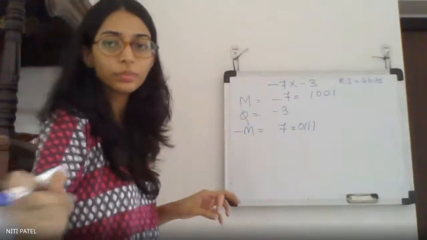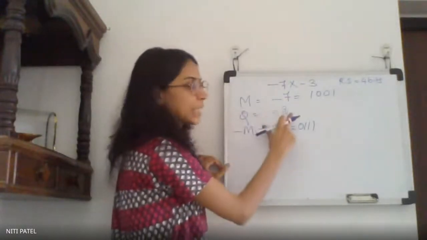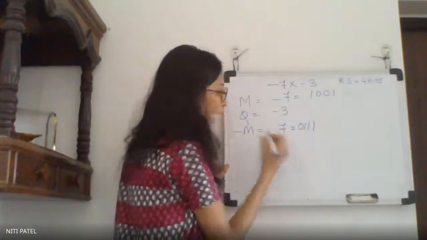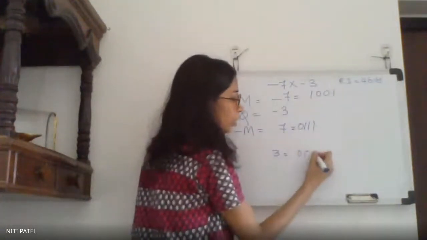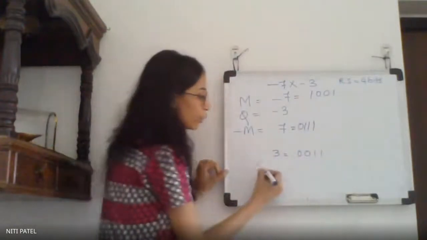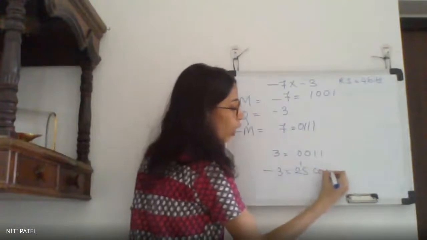Yes or no? Yes, ma'am. Now we have to find the value of q in binary, which is -3. So we'll first write the binary of 3. What is the binary of 3 in 4 bits? 0, 0, 1, 1. Now what I have to find? -3. What is that -3? It is 2's complement of 3.